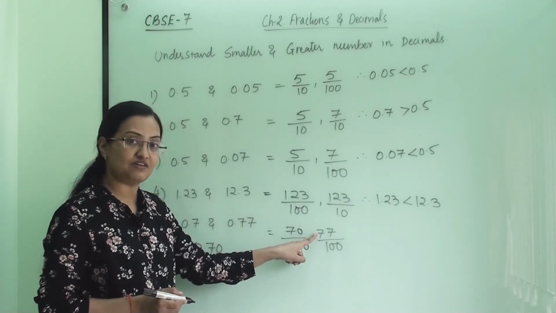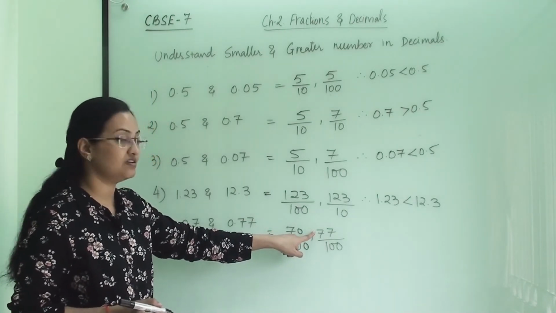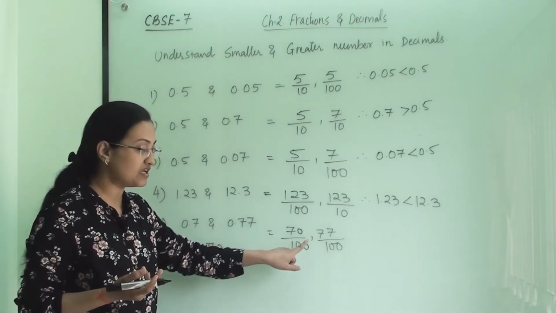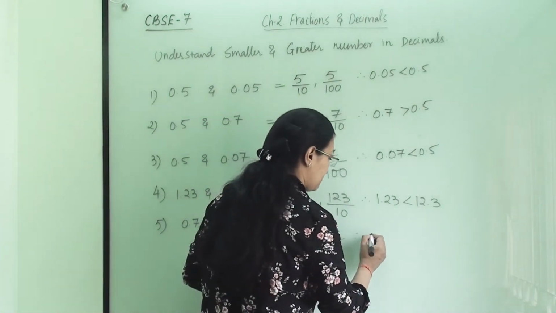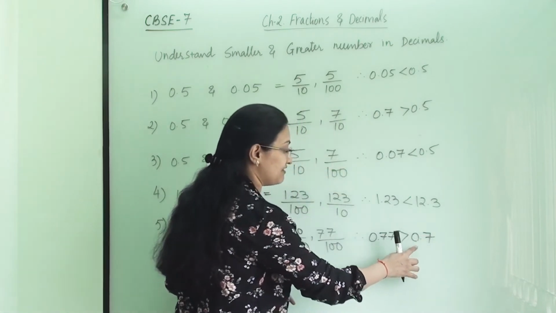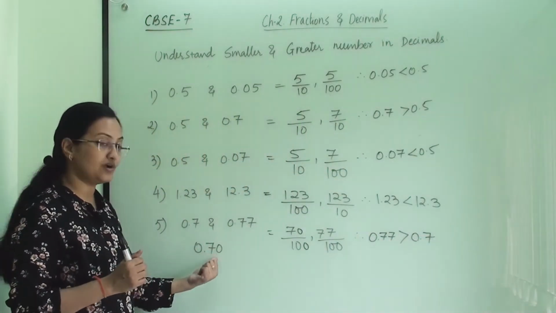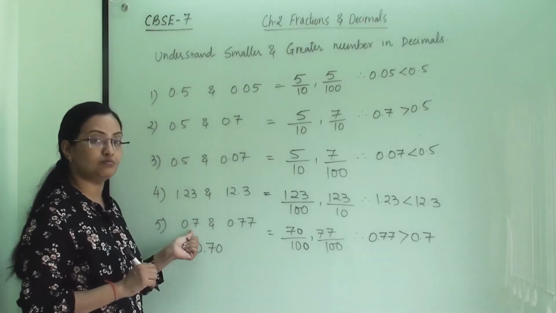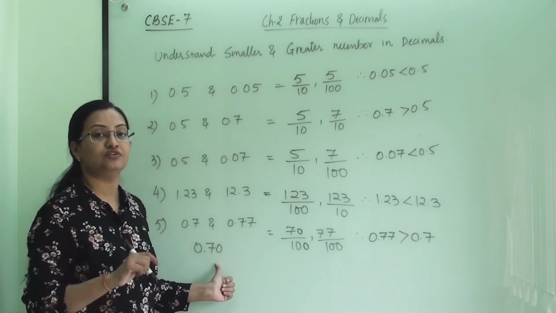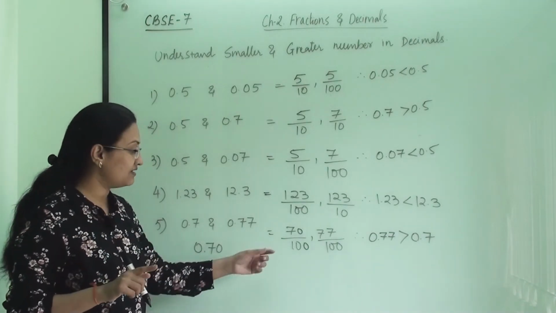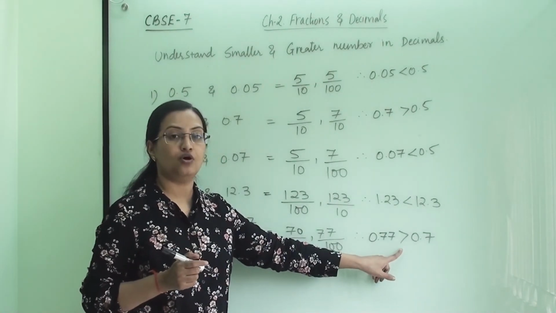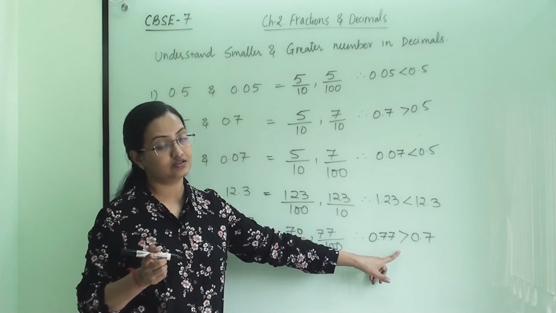Here 77 divided by 100 is bigger than this number. So 0.77 is bigger than 0.7. If you do not put 0 at the back, you will write that this number is bigger, but you are making a mistake. To match this number, we first add 0 here, then write both numbers as fractions, and then check which number is greater and which is smaller.